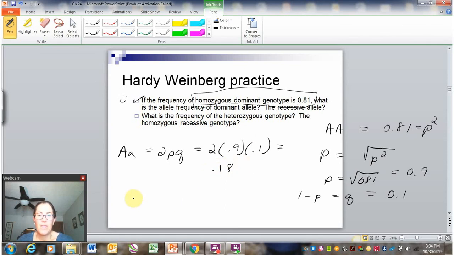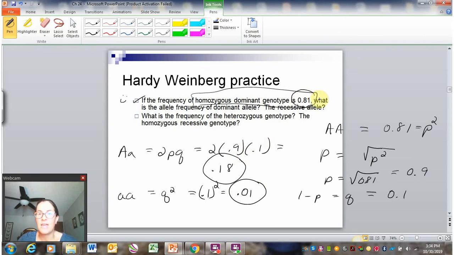And then the homozygous recessive genotype is little a, and remember that's equal to Q squared. We solved for Q, which is 0.1, so we're squaring 0.1, which is equal to 0.01. And just to check my work, I can see that 0.01, 0.18, and 0.81 all add up to 1.0, because, again, we get to that total population size of 1.0.